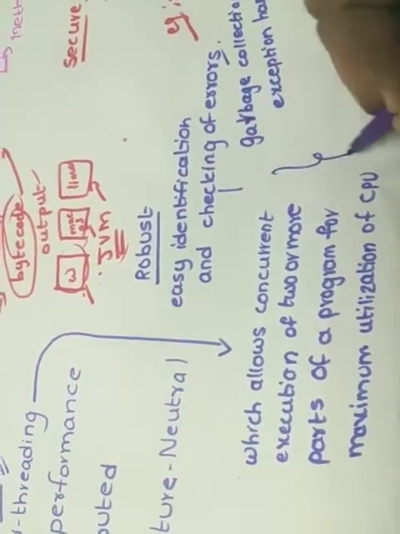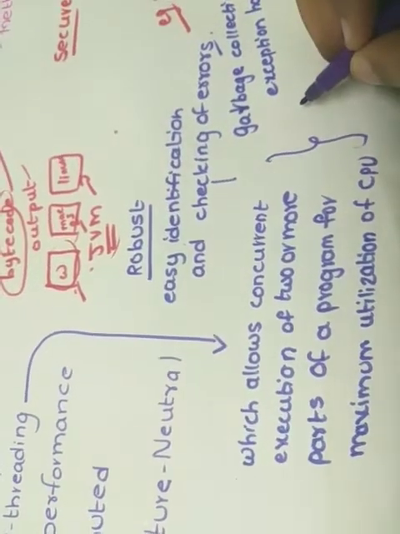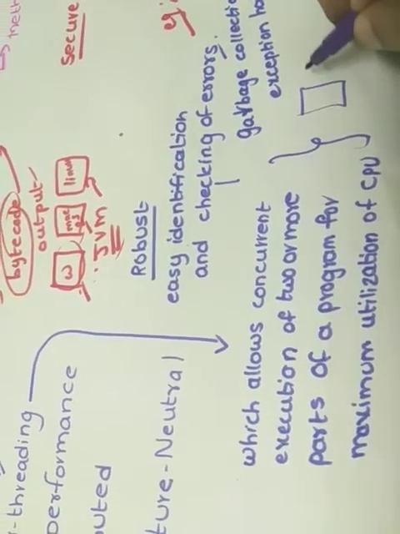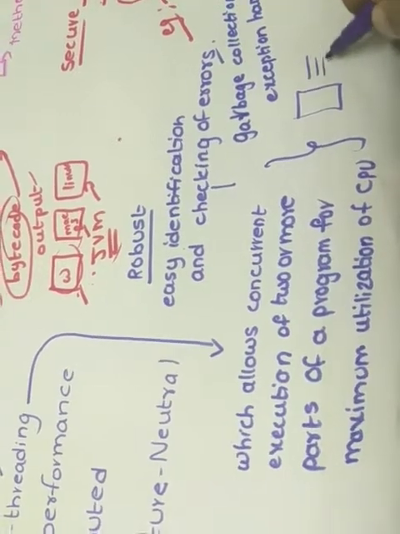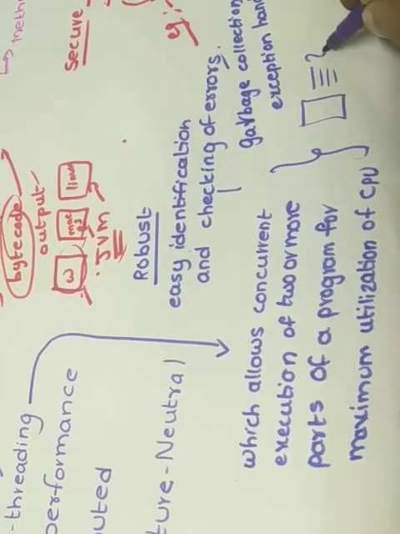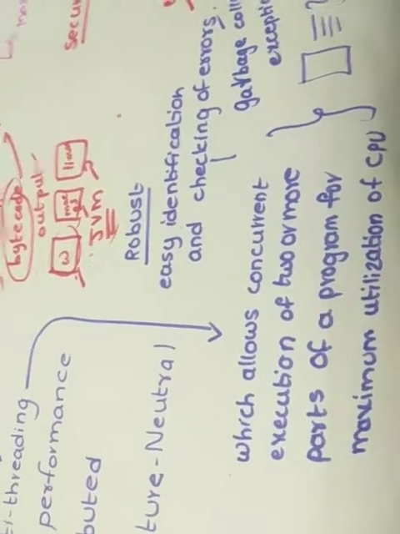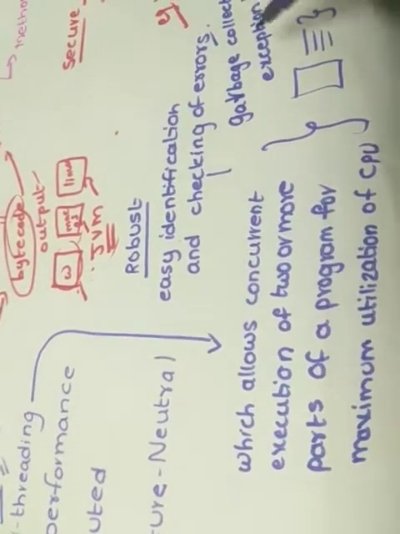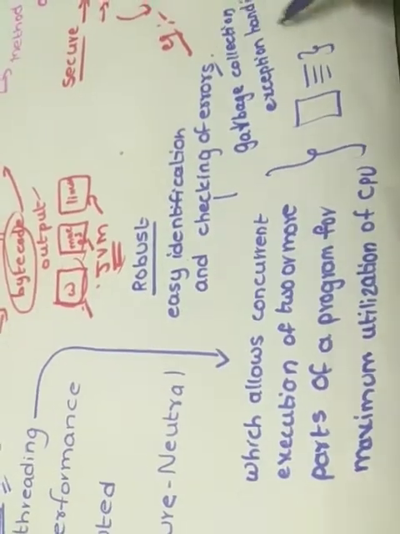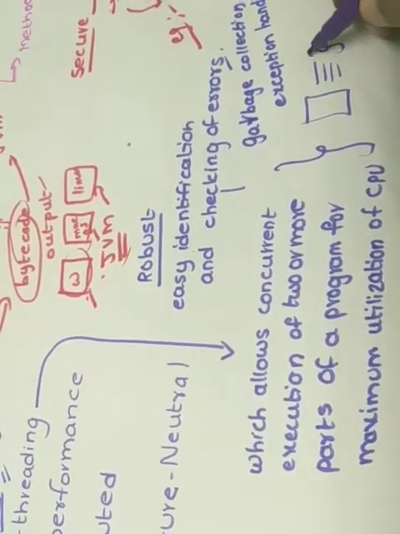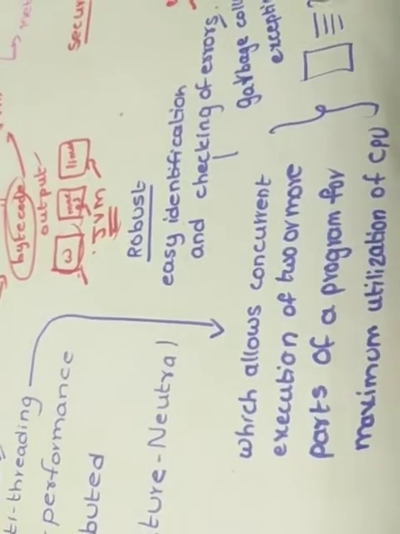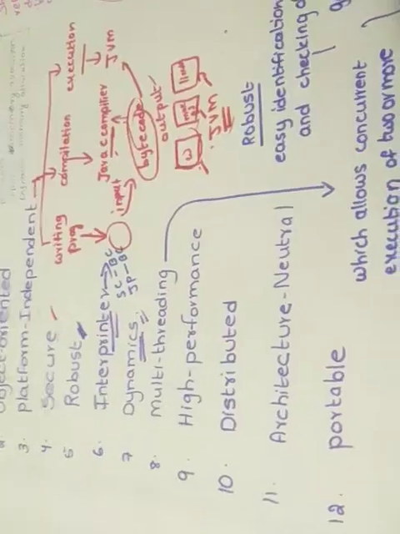The meaning of this is, for example, consider a program divided into different parts. Then the execution of each part at a time is multi-threading.